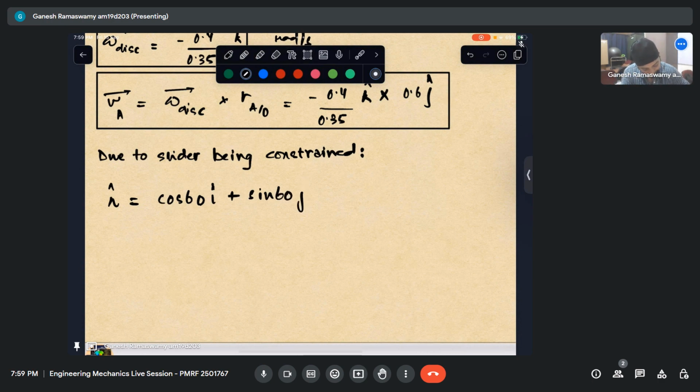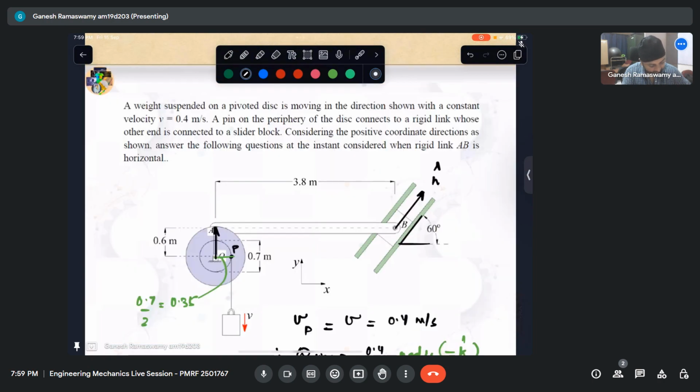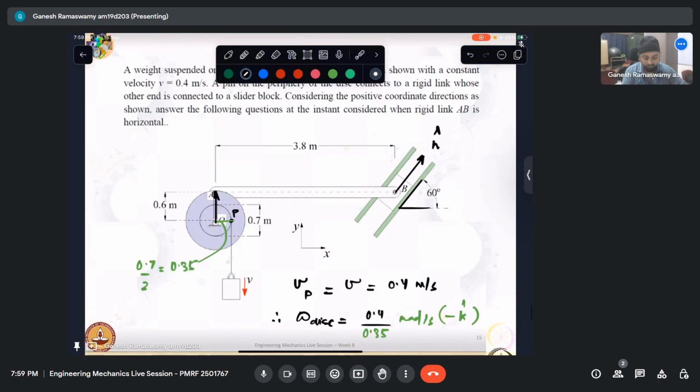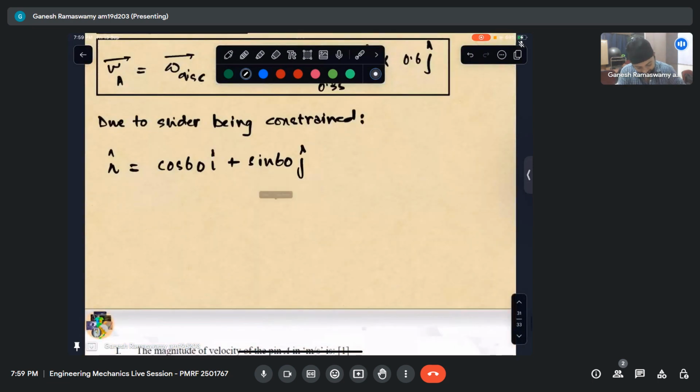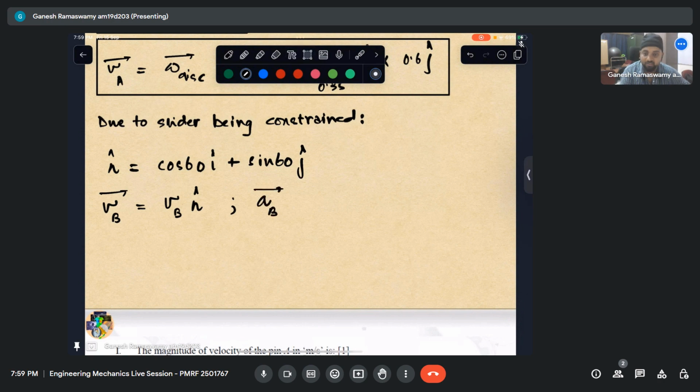This is 60 degrees. So what do we know about velocity of B? It is nothing but the magnitude times n cap. And we know acceleration of B. It is not moving in a circular path, it is moving in a straight path. So it can have only one component, which is normal. So this also has to be along n cap.